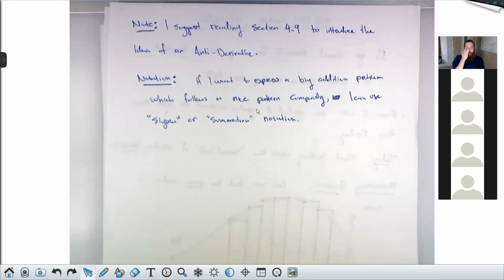This is something that you're supposed to discuss in MAC 1140 or 1147, but I know not everybody gets to, so we're going to go over it really quickly.